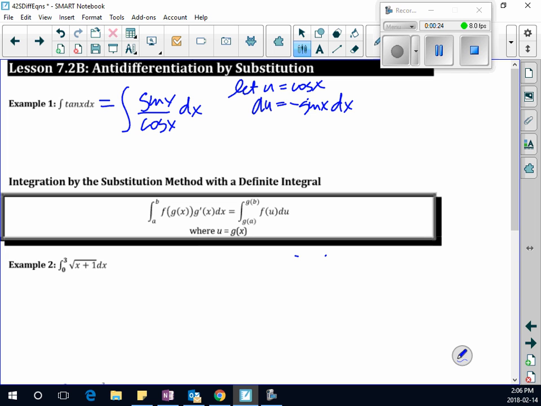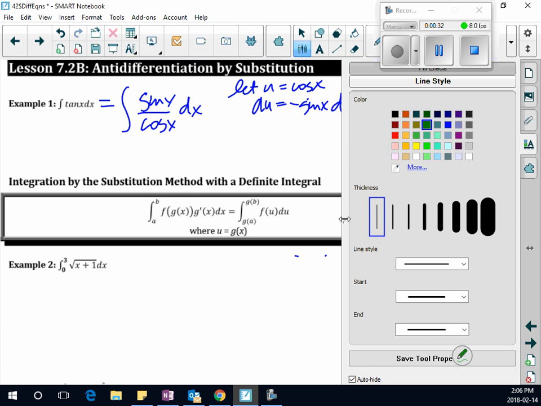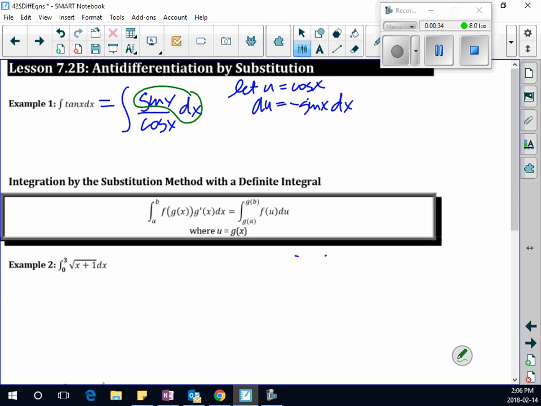So then I can pretty much replace, does everybody see I can pretty much replace, there is my sine x dx with this. So then I need to put the negative on the other side. So negative du equals sine x dx. Does everybody see that? Yes?